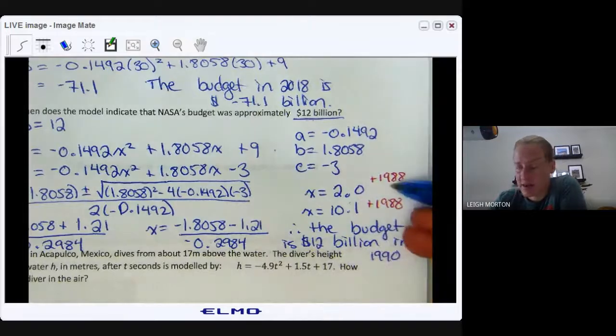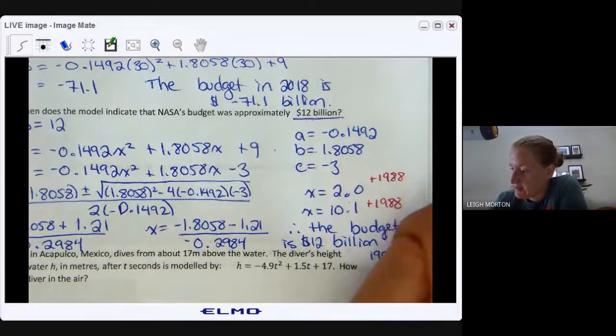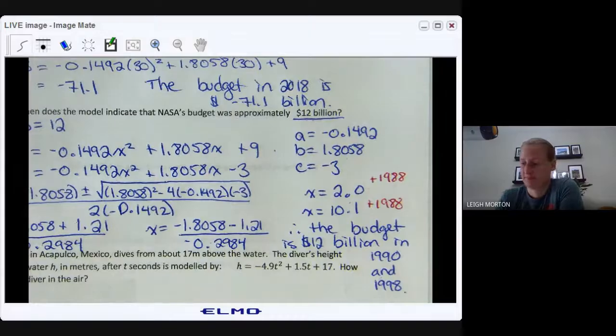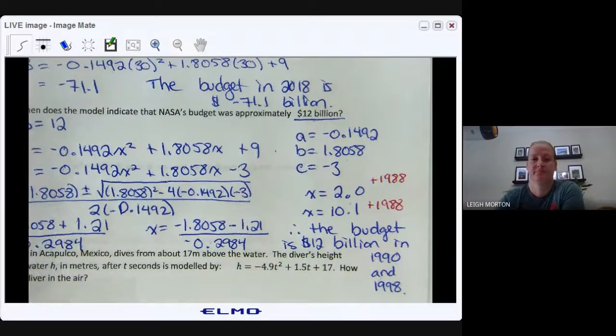That's that answer right there. And 1998. I'm not going to do 0.1. 1998. And that's how we solve our budget question.